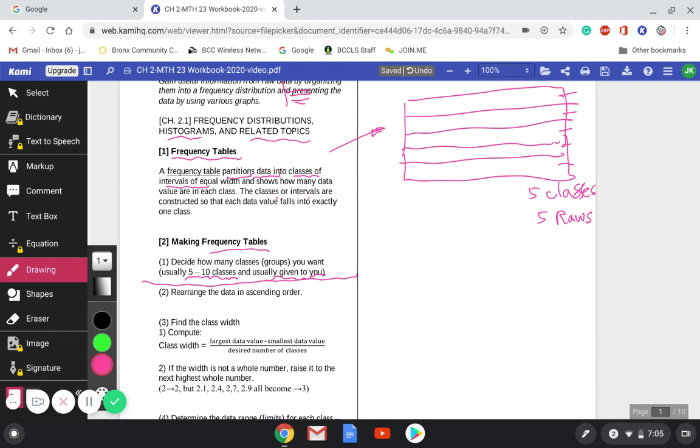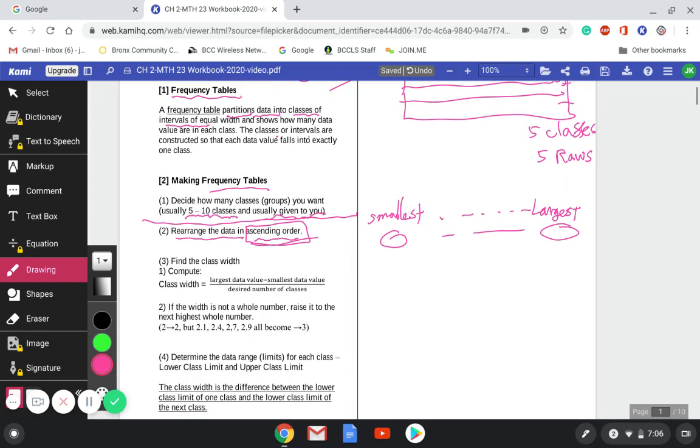And then when they give you data along with this request, the first thing you do is rearrange the data in ascending order. So the smallest you write first, and then getting bigger and bigger, and the largest you write last. We call that ascending order.